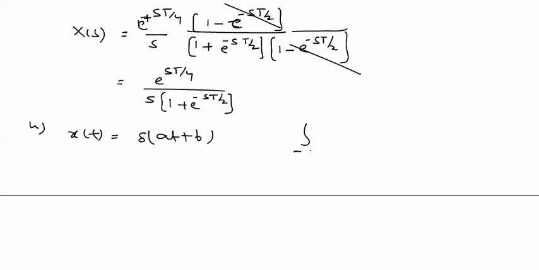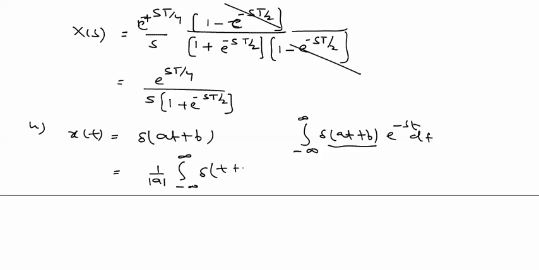For calculation of the Laplace transform, put this into the formula, applying the scaling property before formula application. The integral of delta(t plus b by a) e power minus st dt.